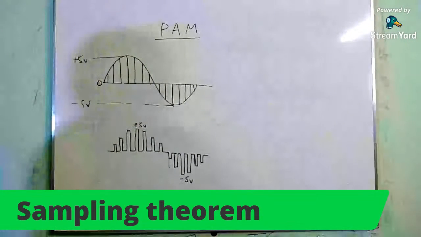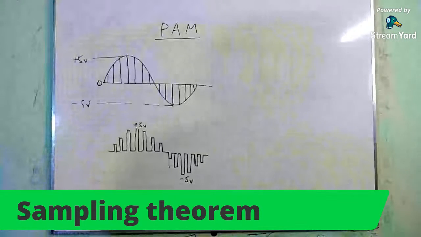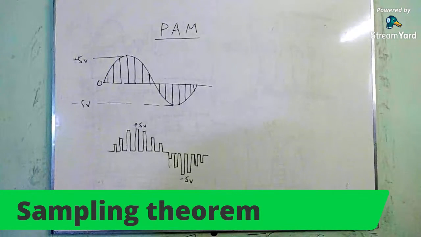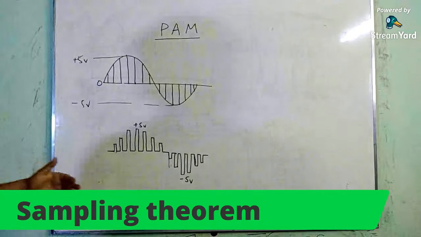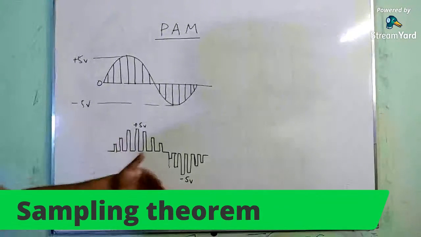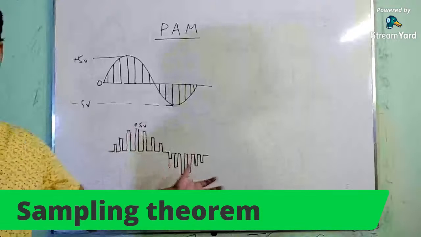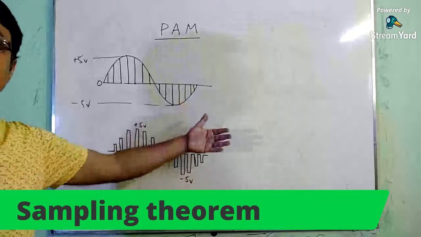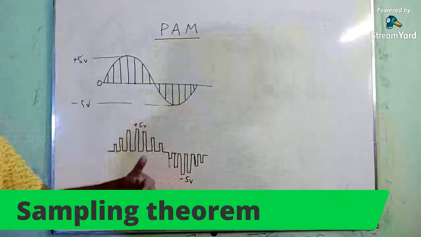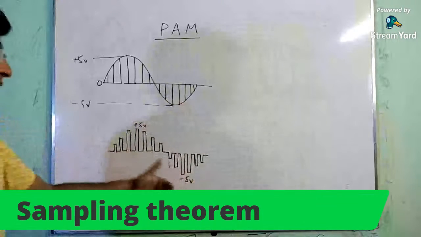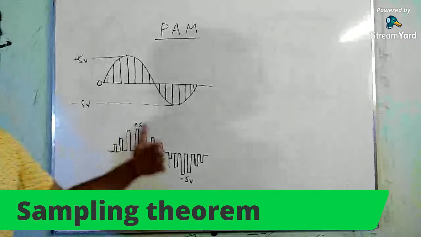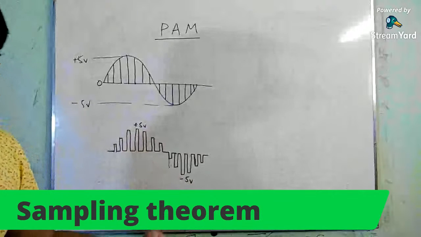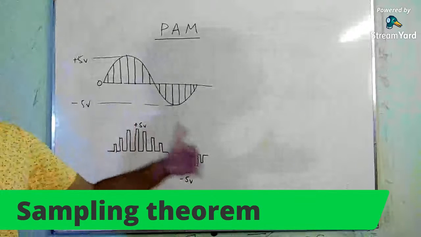Now if we want to draw a single polarity PAM, we have to add a positive value to the negative part, so that these negative values are converted into positive ones. So let us consider that we are adding 5 volts to each and every value.